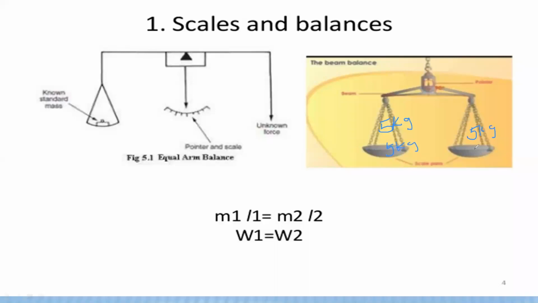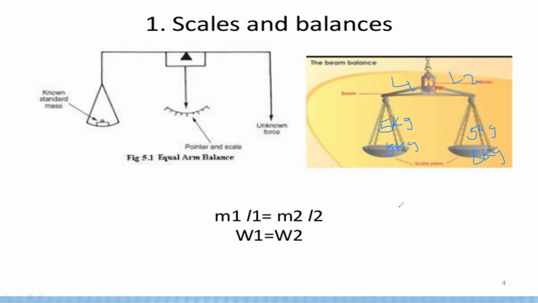Suppose, for example, I am taking 8 kg, and I don't know this amount of weight. So how should you measure this unknown mass? Because the length for the highest weight is increased. The length of the arm, L1 and L2, is increased for the highest amount of weight.